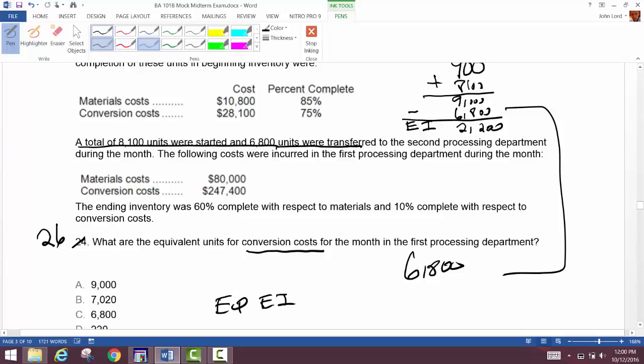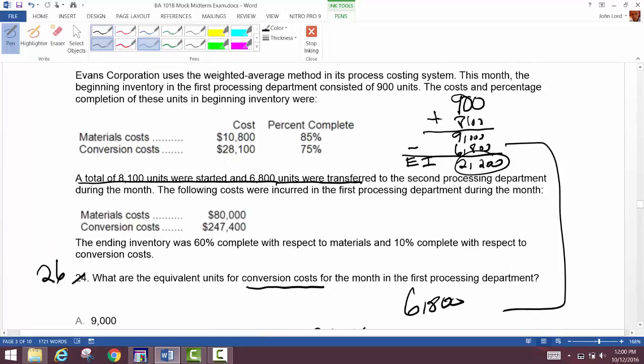Our ending inventory had how many? 2,200? And you took the 2,200 and multiplied that times what percent done they were for conversion costs. Where was that? Oh, there it is. For ending inventory, Omar, was 10%, you say?